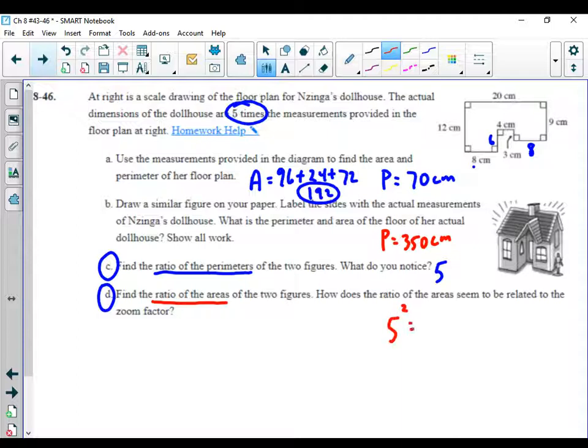Or in other words, it should have been 25 to 1, or 25 times as big. So I'm going to take that 192 now, and I'm going to multiply it by 25. So once we do that, we end up with our new area. So our new area, once we take it times 25, is 4,800 square centimeters.